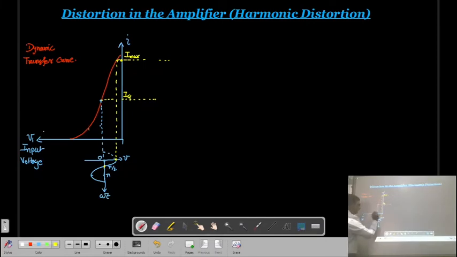And if my input signal has minimum amplitude at this point, where omega t is equal to pi, then whatever current is flowing at that time is known as I minimum.